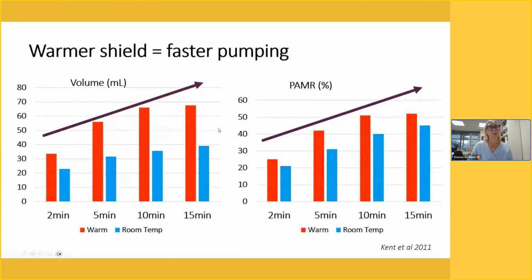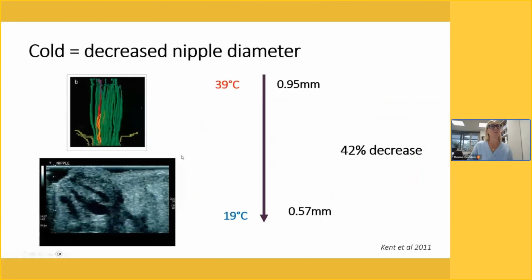So what about cold? Well, during this study, I placed my ultrasound gel in the freezer and we applied warm gel at 39 degrees Celsius roughly, and the cold gel was really about 19 degrees Celsius. And I used it to look at nipple diameter, and this is with no vacuum.